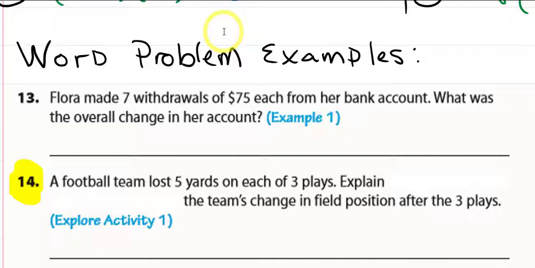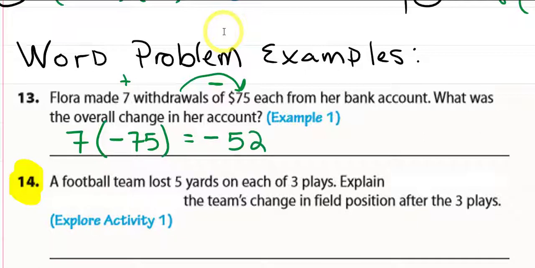So I'm going to set up my problem as a positive 7 being multiplied by a negative 75. The withdrawal of $75 is my negative. The 7 times she went to her bank account, I made the positive. Now I just multiply 7 times 75, and one is positive, one is negative, so it's going to give me a negative 525.